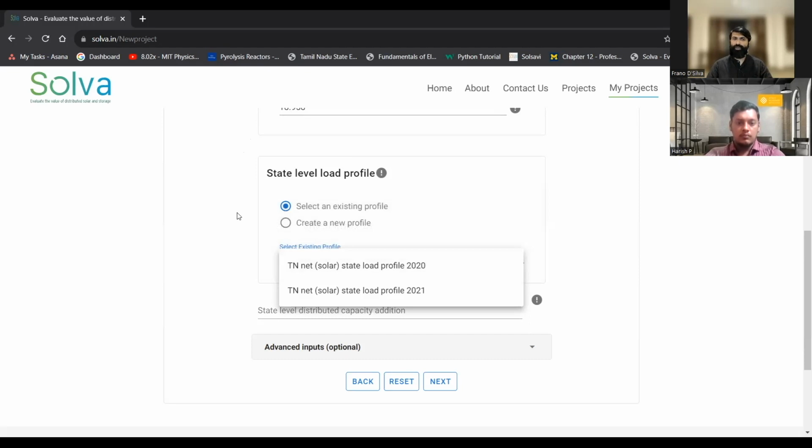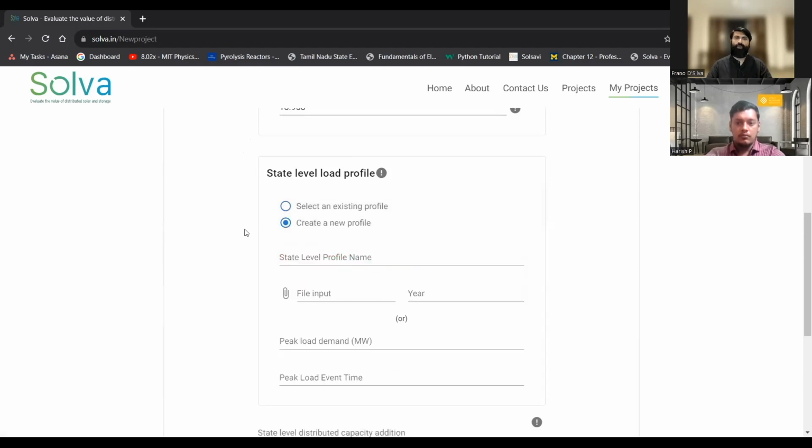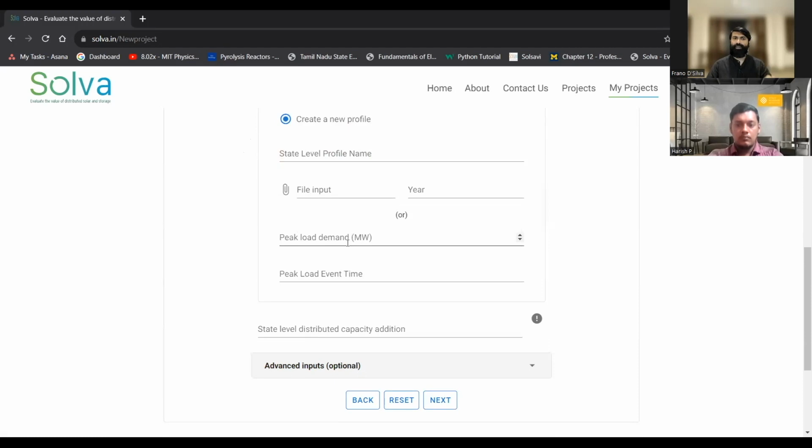In case you don't have 8760 points and you have only a peak load demand, that is the highest peak, and the time when that peak occurs, you can input these, and on the back end we do the calculation for 8760 points and populate the data so that we can continue the simulation for the peak load demand provided and the time it occurs.